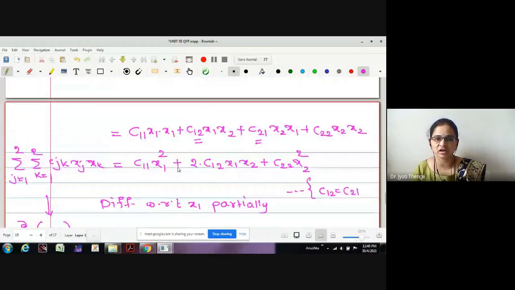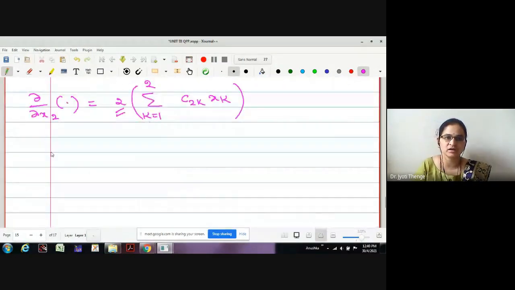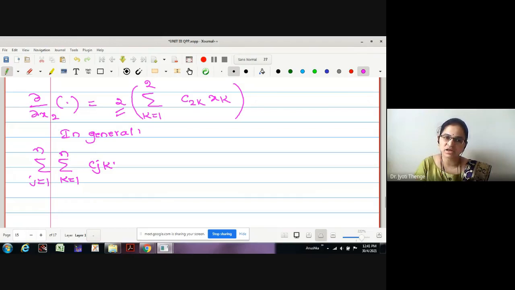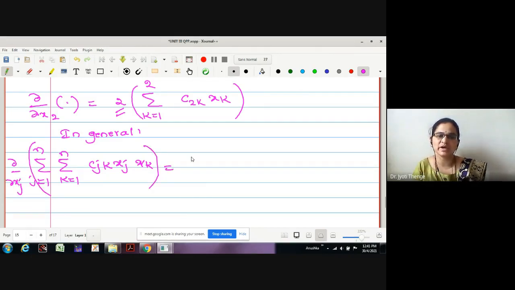Therefore, in general, if we differentiate the double summation, j equals 1 to n, k equals 1 to n, cjk xj xk, with respect to xj partially, what will be the derivative compared with this?